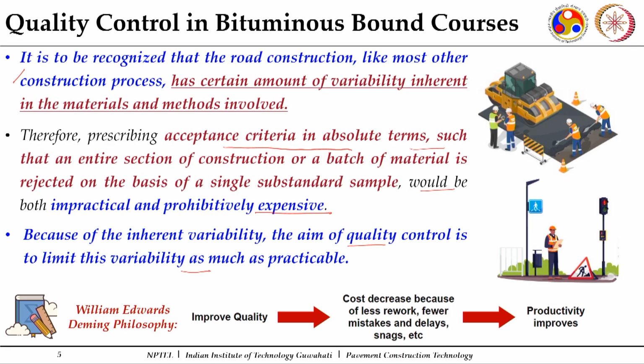A philosophy mentioned by William Edwards says that if you improve the quality, it helps to decrease the cost because of less rework, fewer mistakes, delays and snags, and the productivity improves.